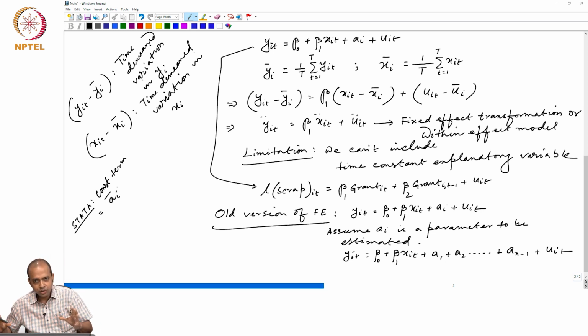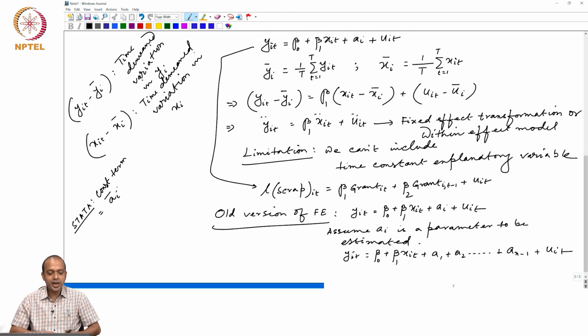Instead of reporting so many dummies, since we are asking Stata to estimate the modern version of the fixed effect model, additionally Stata is estimating the older version also and reporting the value of A_i bar, that is, the mean of this unobserved effect.